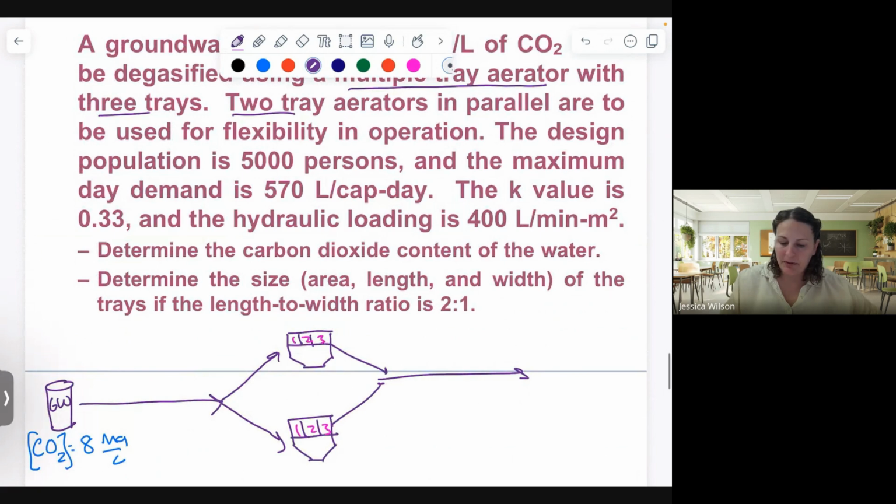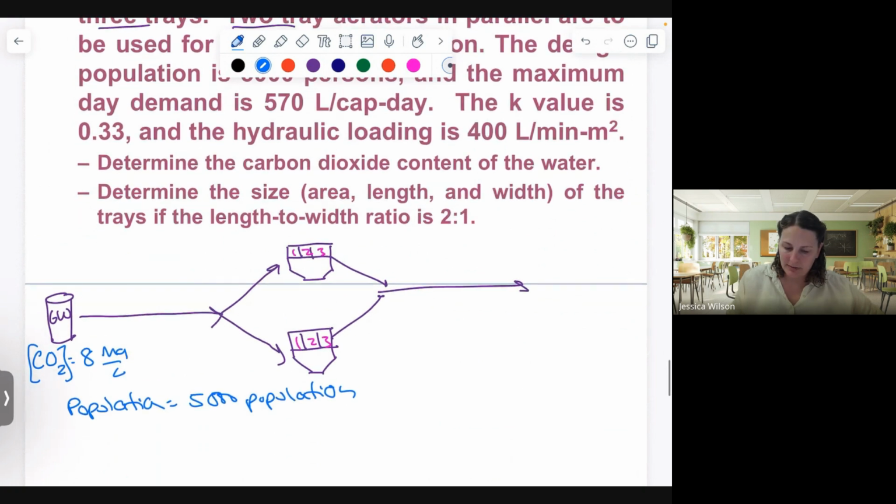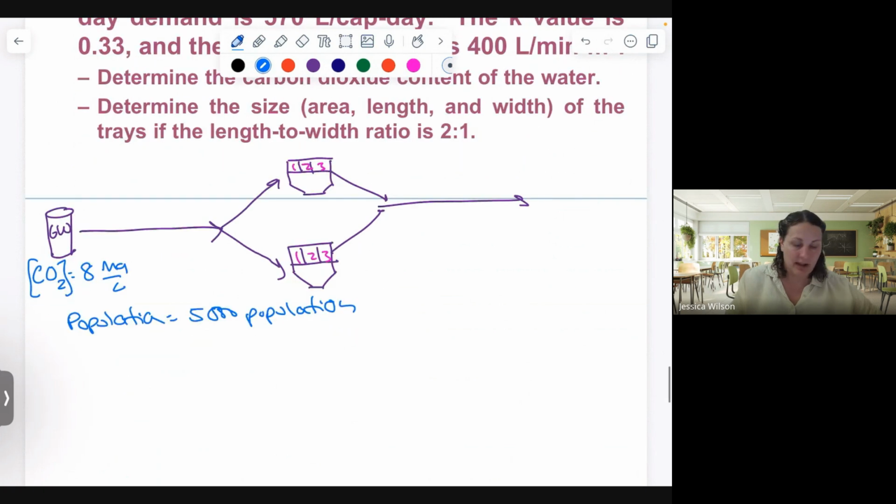The design population is 5,000 people. I'm going to write down some additional pieces of information here that are probably going to help us. The maximum day demand is 570 liters per person per day.